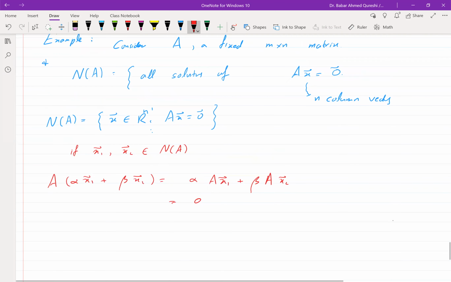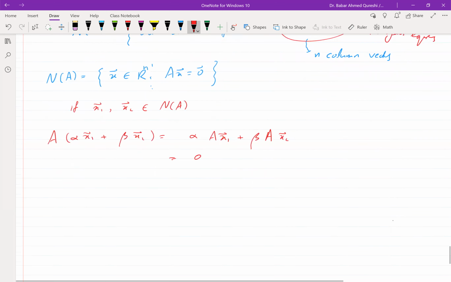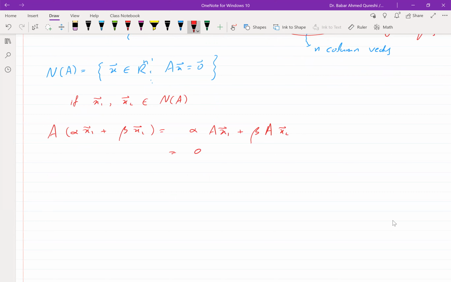Remember this equation we had called the homogeneous equation, where the right hand side of constants is zero. This is called the N of A, the null space.